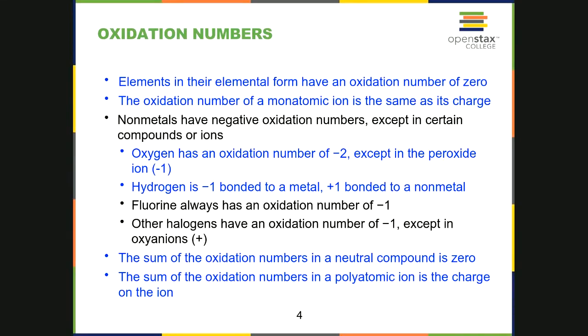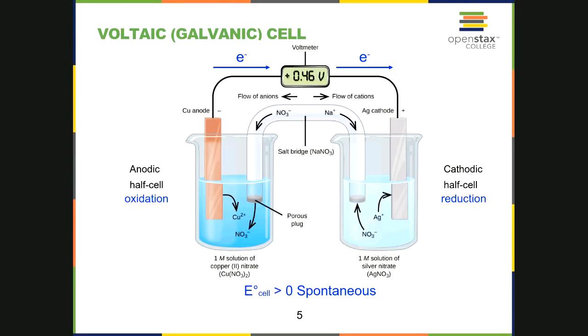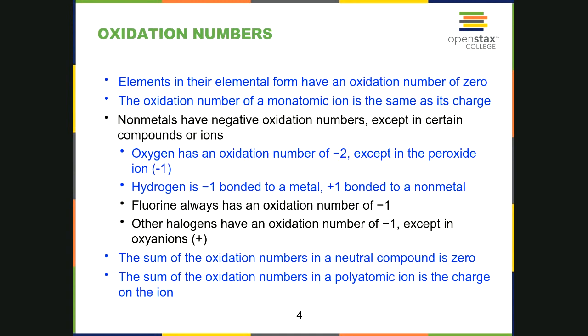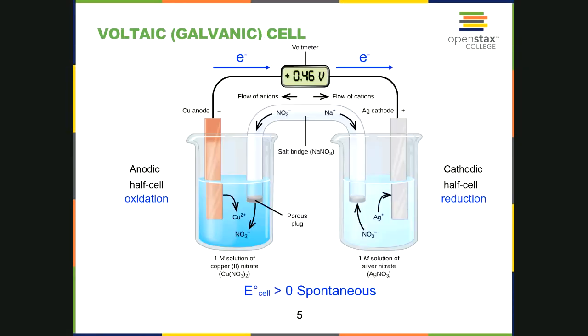And then now we're ready to start in with what is actually a voltaic cell. So what I was saying before, that our oxidation reduction reaction was happening in a single container, but with a voltaic cell, it's going to be in two containers.